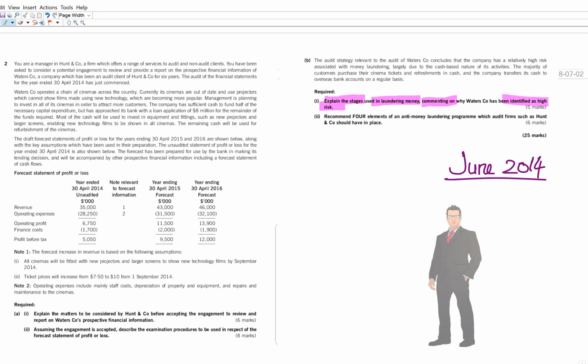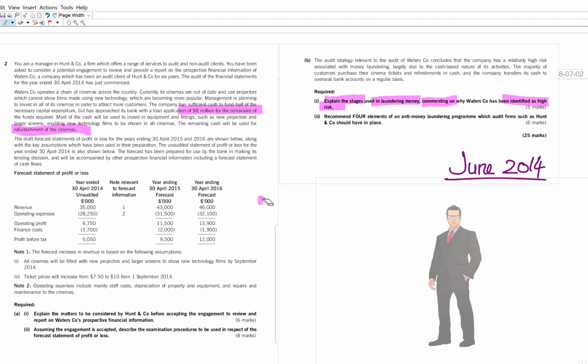The company has sufficient cash to fund half of the necessary capital expenditure but has approached its bank with a loan application of 8 million for the remainder of the funds required. Most of the cash will be used to invest in equipment and fittings such as new projectors and larger screens, enabling new technology films to be shown in all cinemas. The remaining cash will be used for refurbishment of the cinemas.